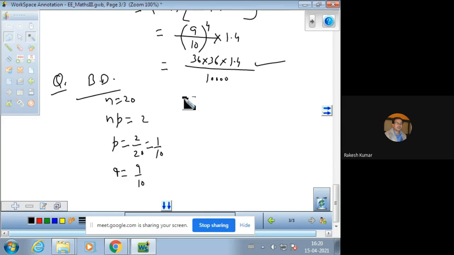And we have also been given that out of 1,000 such samples, 1,000 samples are given to us, how many would be expected to contain at least 3 defectives. So in 1000 samples, we have to find the ones with at least 3 defective parts.